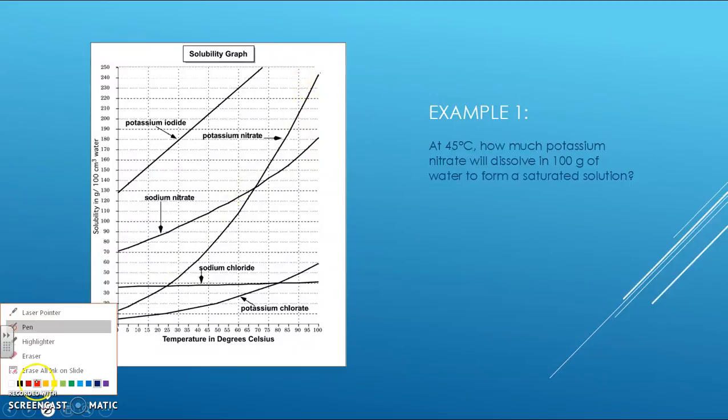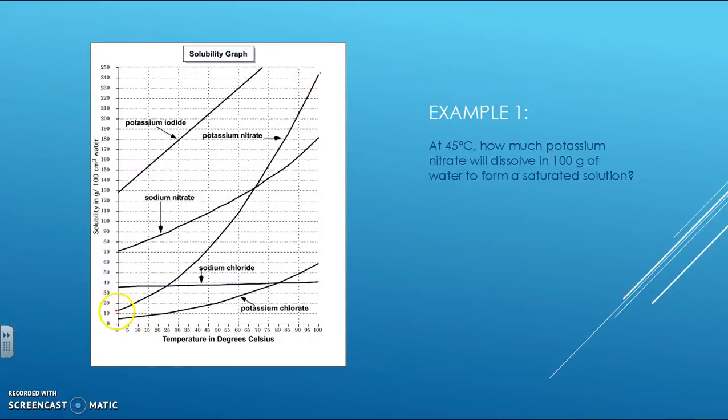This is my potassium nitrate curve, and this is the line that we're going to be using, I think, for all of these, but I'm not sure. At 45 degrees Celsius, which just so happens to be here, how much will dissolve in 100 grams of water to form a saturated solution?